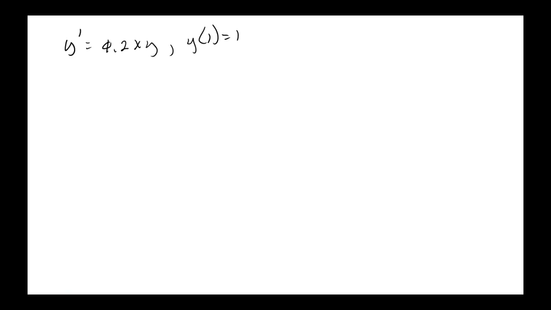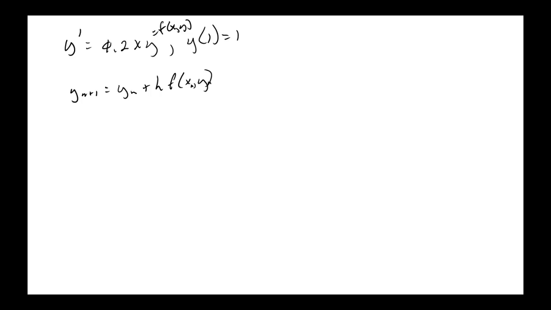So, if you remember Euler's method, and that's given at the top of this very page, y sub n plus 1 is equal to y sub n plus h times f of x sub n, y sub n. Now, in our problem here, this is your f of x, y, the 0.2xy.